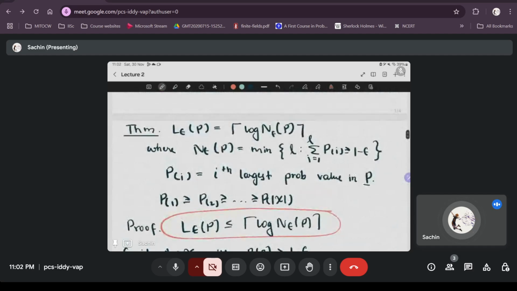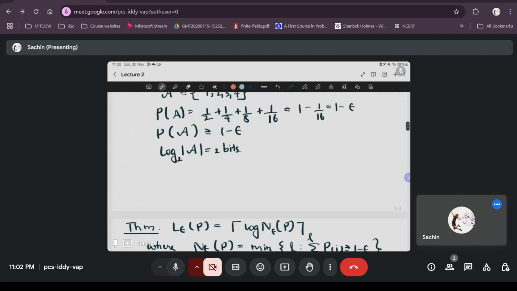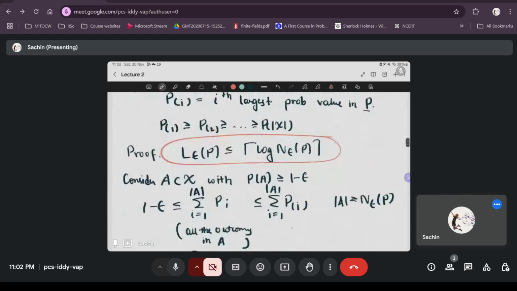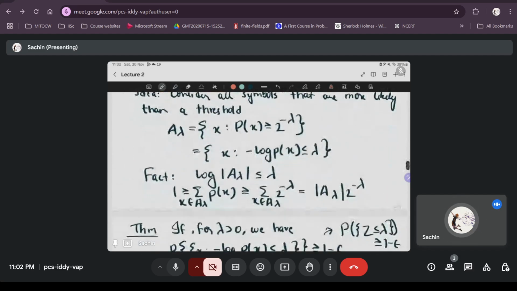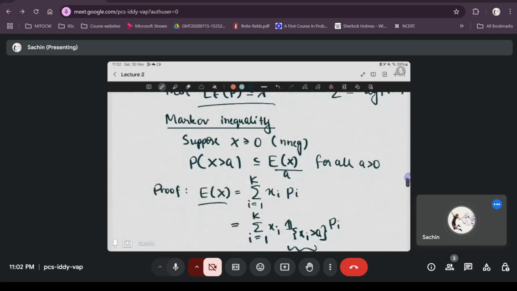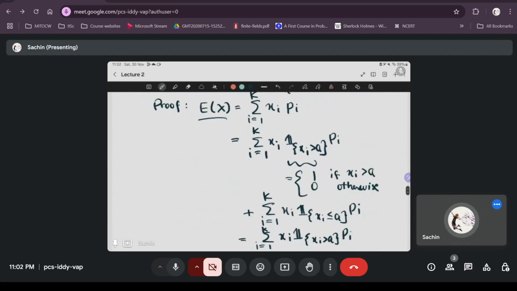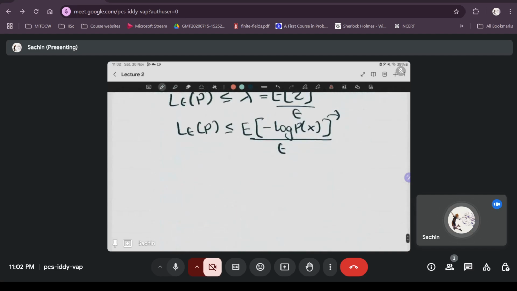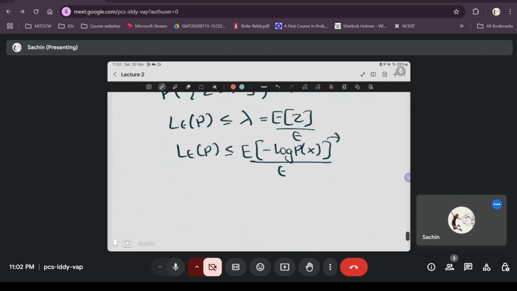I don't think you'll find it in any textbook, or maybe he referred to a different textbook, but it's not there in the reference textbook that I told you, Thomas Cover, or it's not there in the notes that I gave you also. Yeah, it's not there in Massey. So this is just some type of motivation to tell you why we would think of log in the first place.